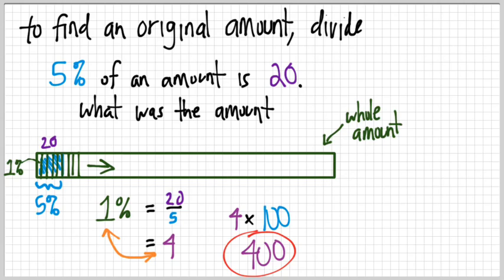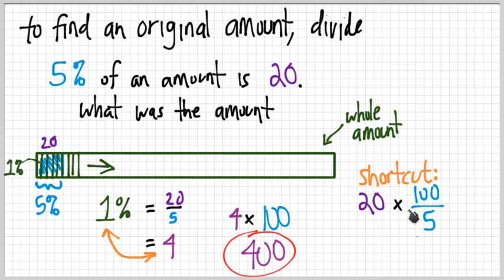So that's our answer. If you realize what we've done here, we simply did the mathematical way to do this, less visual, but basically, as the instruction said, we just divide. We can take that number that we have and divide it by 5%, and we will actually get the answer. 20 divided by 5% is 20 divided by 5 over 100, and when you divide by a fraction, you multiply by its reciprocal.